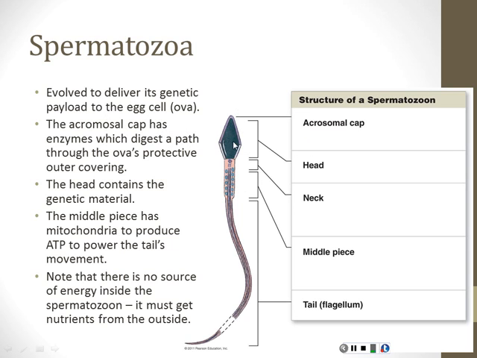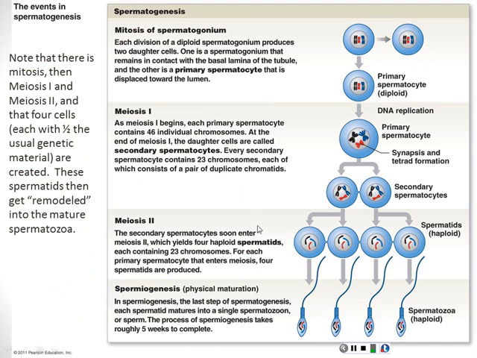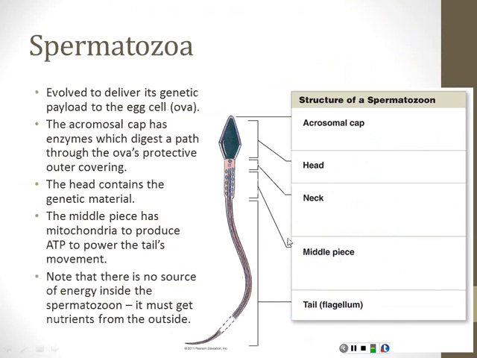The head contains the genetic material, and it's become very compact. When we started as a spermatid here, the genetic material was kind of spread out. But in the process of spermiogenesis, as the sperm form, that genetic material gets very compact, right? So it's almost solid. So that's the head. We have the neck, which just connects the head with the rest of it.